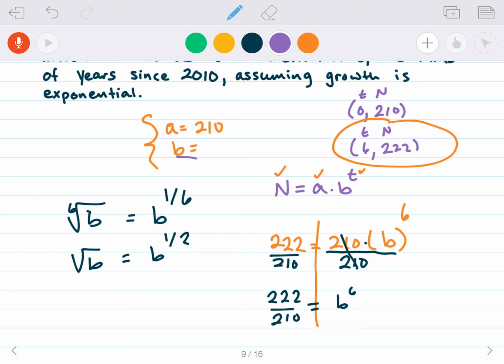So the idea here is to undo this, we need to raise it to the 1/6, because when we raise both sides to the 1/6, this is going to go to 1. And so we have b is equal to 222 over 210 to the 1 over 6, and we can see what that is in the calculator.